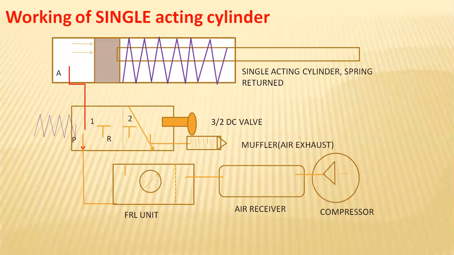It passes the filtered air at a set pressure with lubrication to the system upon the operation of this 3 by 2 directional control valve.